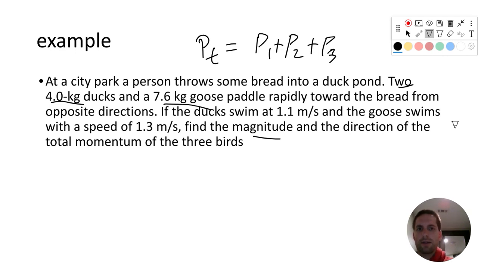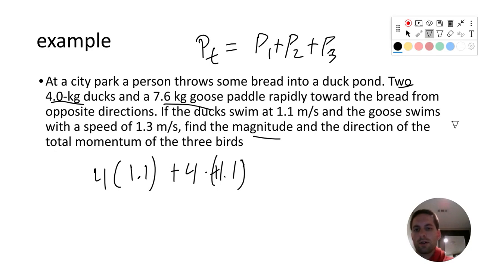So the ducks swimming at 4 meters per second. We can add this: 1.1 plus 4 times 1.1. These are positive because I chose that direction to be positive.